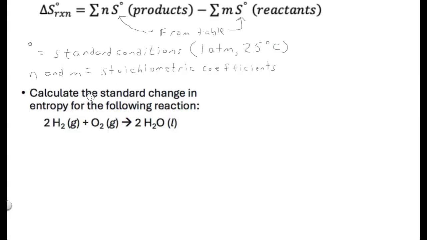Okay, let's try this question. I think we'll go through this problem together. So you want to start by identifying the question. So what would be a good symbol for what this question is asking us? It's asking us for the standard change in entropy. Good. What would be a good symbol for the question?